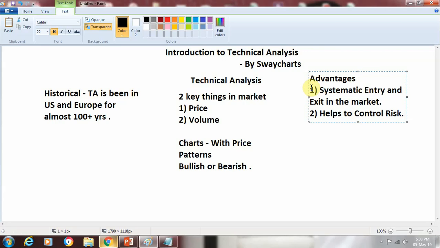Now, here is another example. If I give you a booklet of a company which is around 30 to 40 pages, which has n number of financial figures, results, order book, etc., and in the other hand I give you a chart of that particular company, which one would be easier and less time consuming for you to decide what to do with that stock?